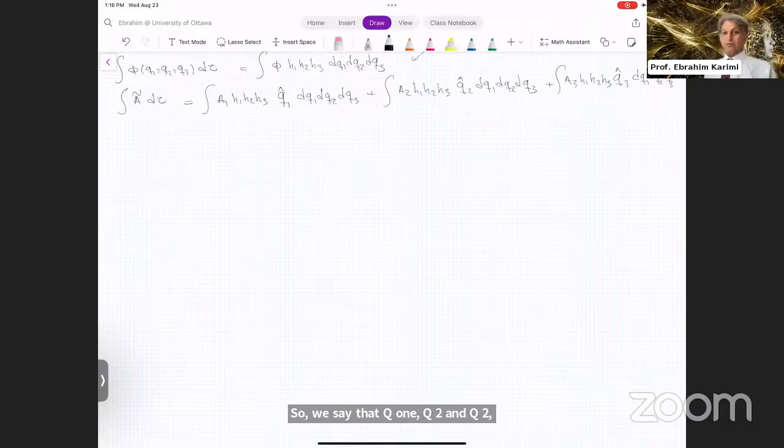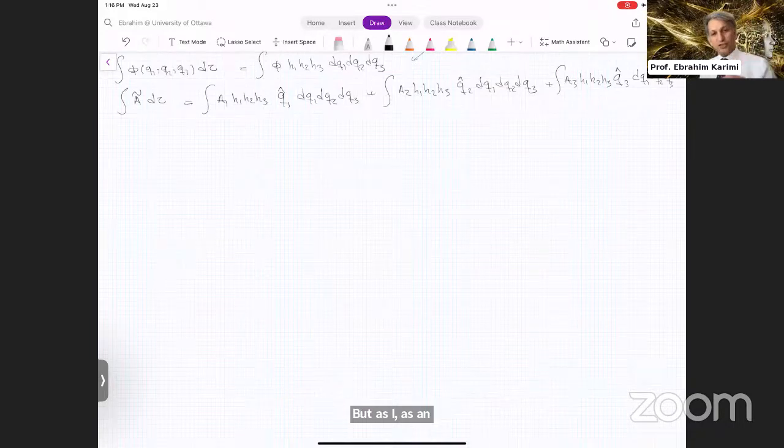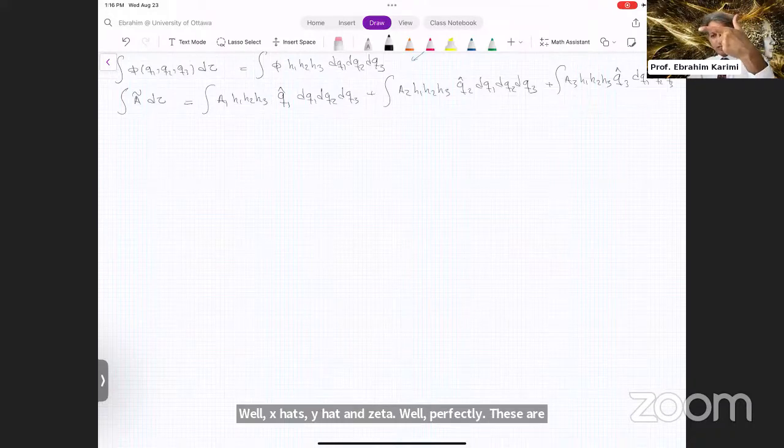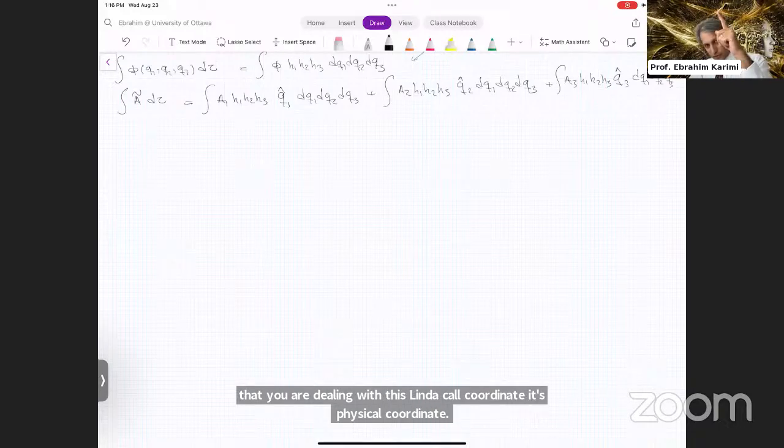parameters, right? But as an example, assume that you have a Cartesian coordinate system: x hat, y hat, and z hat. These are three vectors which are constant in space, in magnitude and direction. Now assume that you are dealing with a cylindrical or spherical coordinate system. The r hat is one of the vectors.